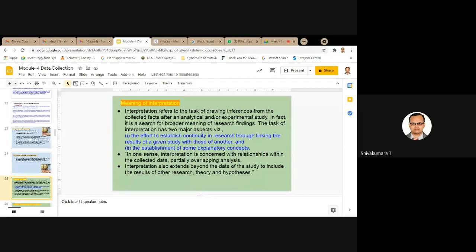Such results analysis you are going to do here with the help of the interpretation process. It is a process. It is not just a method, it is a process. In fact, it is a research for broader meaning of research findings. The task of interpretation has two major aspects.